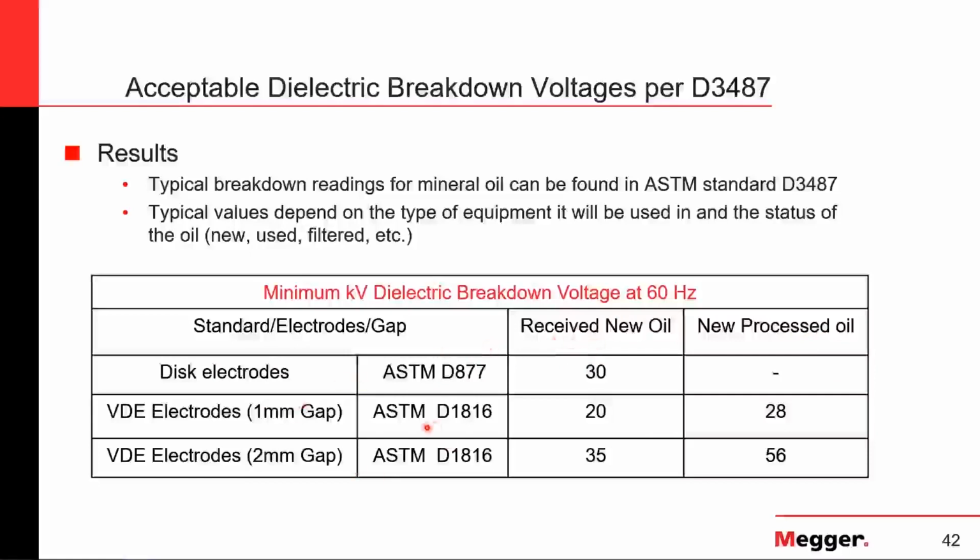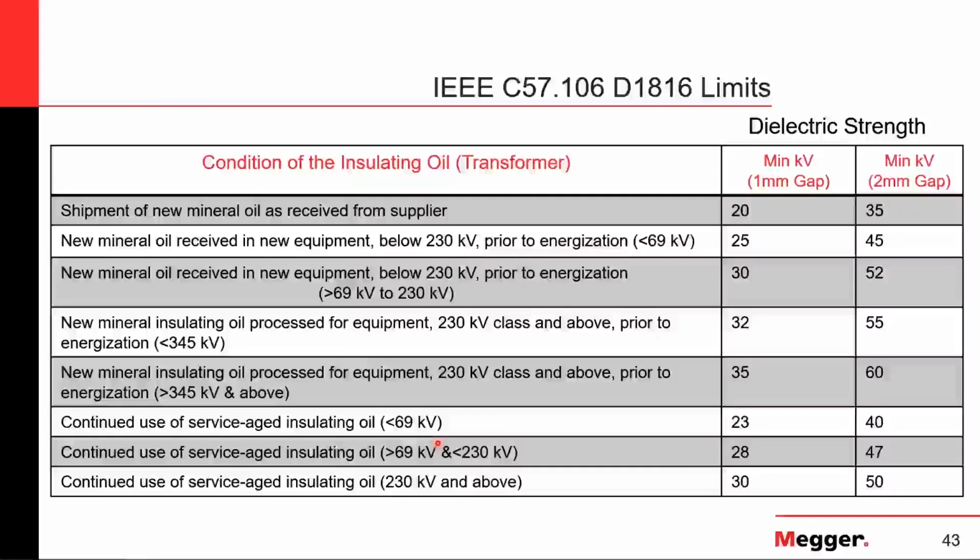So we will have a setting for less than 69 kV, between 69 to 230 kV, between 230 kV up to 345 kV, and 345 kV and above. And again, limits for 1 millimeter gap and limits for 2 millimeter gap.